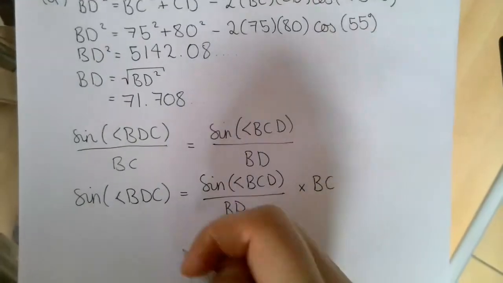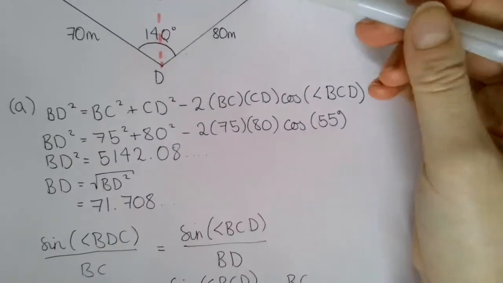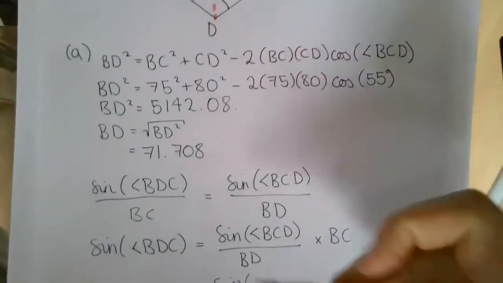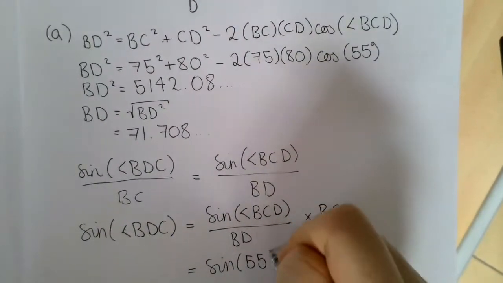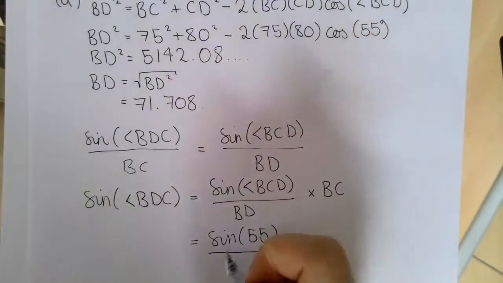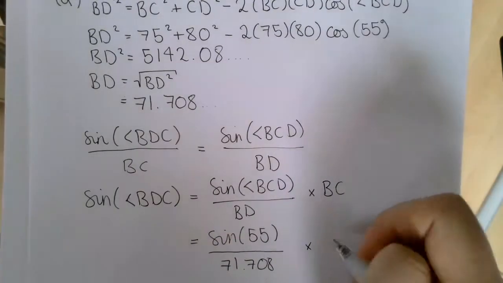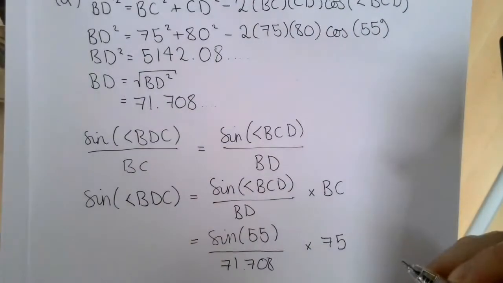Now when we actually input the values, we've got sine of BCD is angle 55. BD is the length we just found out. And BC is given in the question, that's 75.